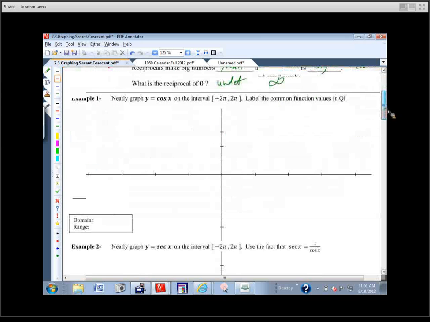Okay. Would you neatly graph the cosine function from negative 2 pi to 2 pi and label the function values in quadrant 1? At least go from negative 2 pi to 2 pi, and then if you can label the function values in the first quadrant, that would be great.